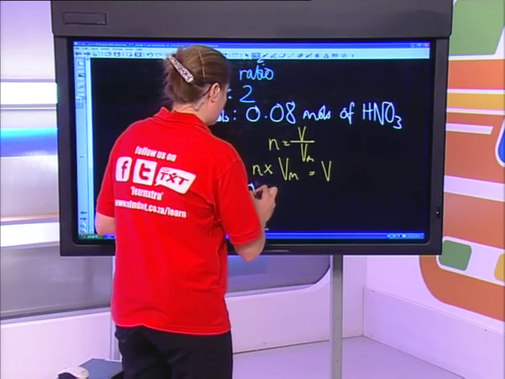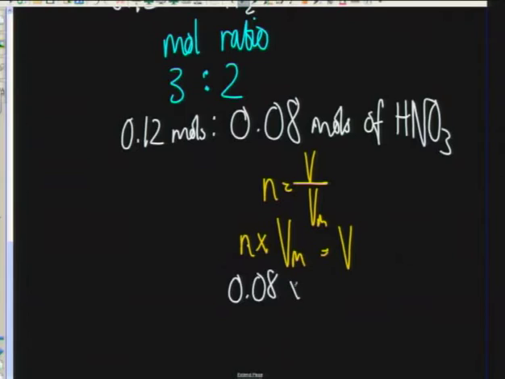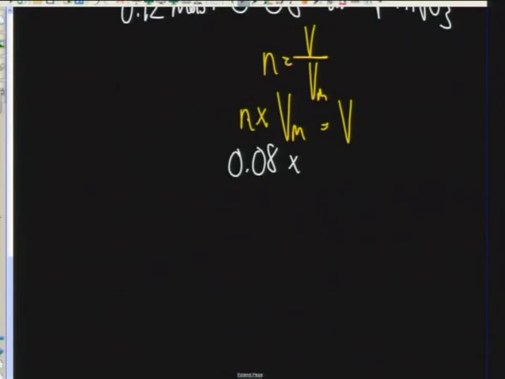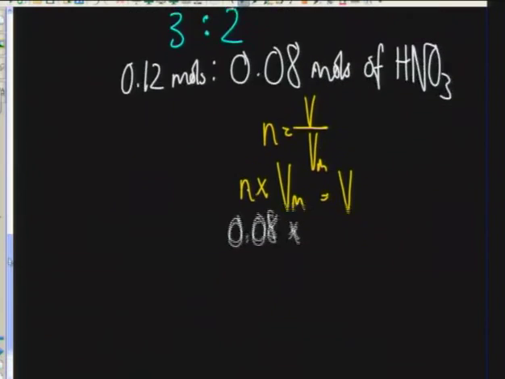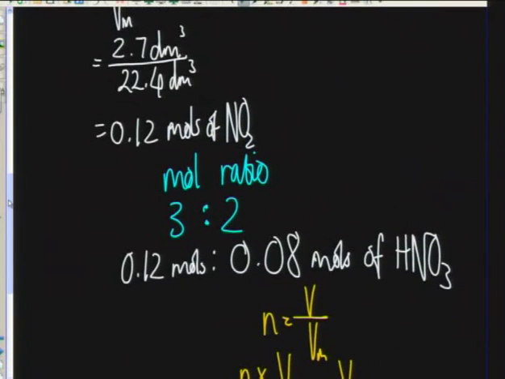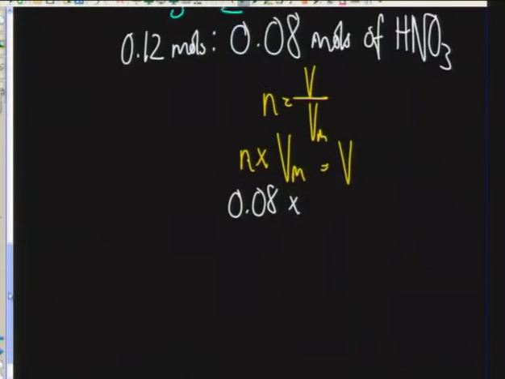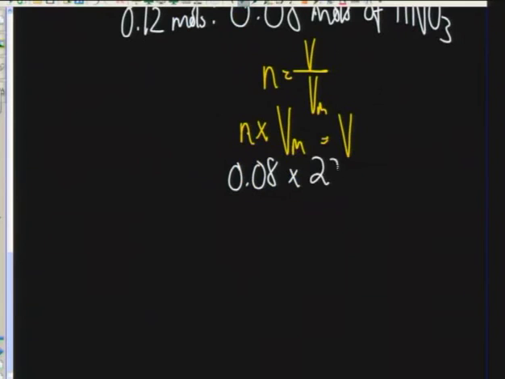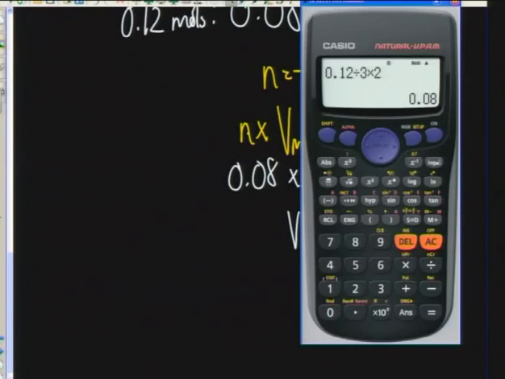So 0.08 multiplied by, and what is the molar volume? It is 22.4 cubic decimeters. So 22.4 would be equal to the volume. So volume's answer, let's go and work that out.